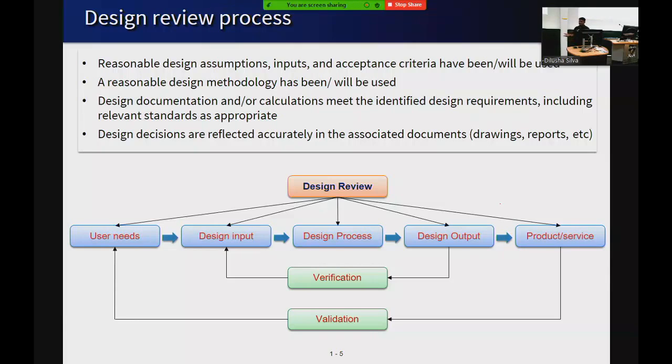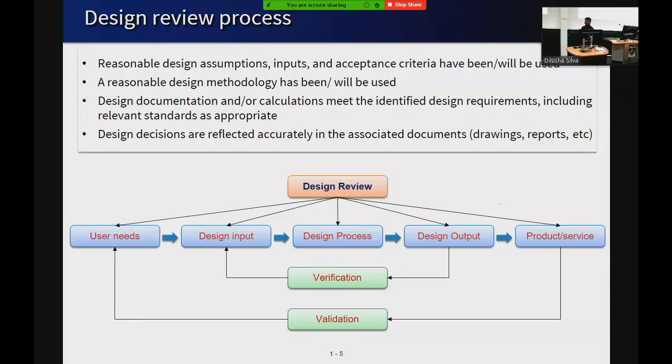And generally in this kind of process you've got a verification which looks at your design outputs and asks, do my design outputs match what my design inputs require? So, am I achieving my requirements?